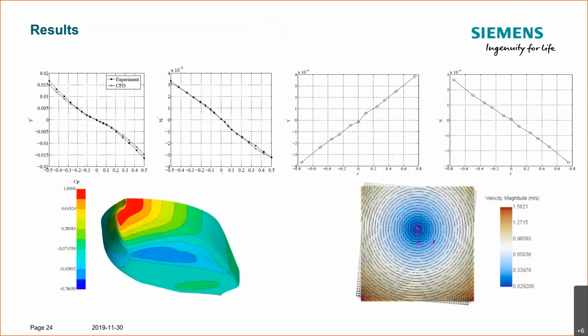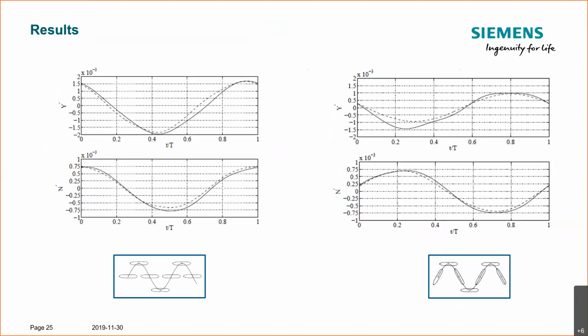There were no rotating arm tests from the experiment available, so that's why you don't see experimental data here. But agreement is, as expected, CFD has already been shown to be able to resemble captive model tests fairly accurately, so no surprises here. And this is pure sway and pure yaw, because we need the Yv dot, Nv dot, basically acceleration related coefficients.